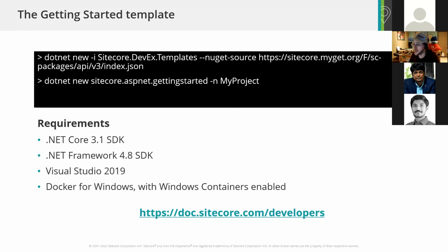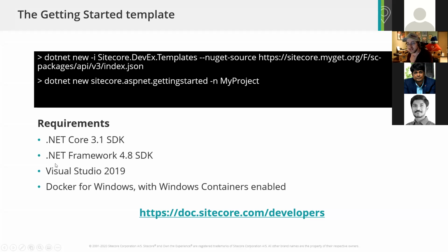You can install this template yourself with the .NET Core command line, and this URL is out on the doc site. You only need to install once, and then you can create as many instances, projects as you like using the dotnet new command. And you do need .NET Core 3.1, .NET Framework 4.8.